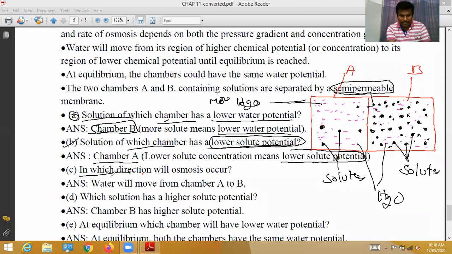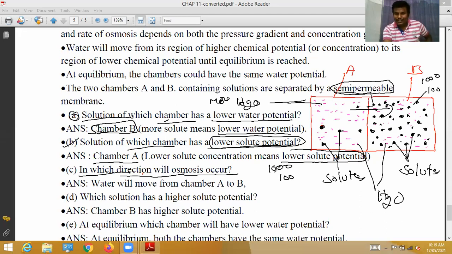In which direction will osmosis always occur? From A to B. Already I said that in this one, the solute concentration is 100 and the water concentration is 1000. Here, the solute concentration is 1000 and the water concentration is 100.